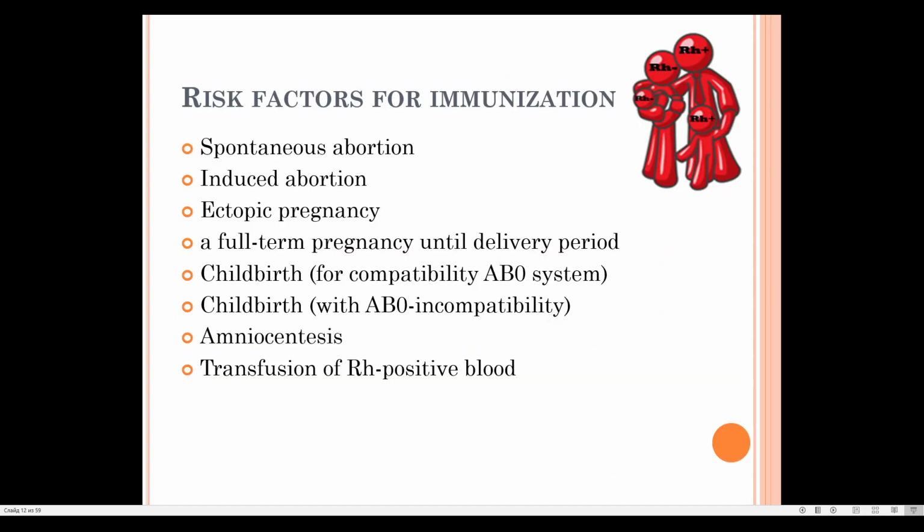Risk factors for immunization. There are some risk factors and they include spontaneous abortion, induced abortion, ectopic pregnancy, full-term pregnancy until delivery, childbirth with ABO system compatibility, childbirth with ABO incompatibility, amniocentesis or other invasive diagnostic procedures, and transfusion of rhesus positive blood to a rhesus negative mother.